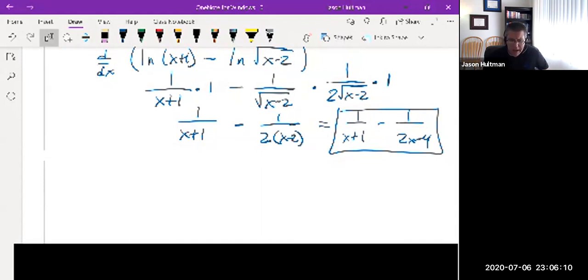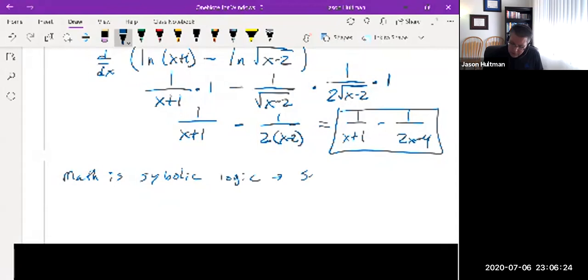Okay, a lot of people don't understand this about math, that math is symbolic logic. Okay, math is symbolic logic. And what does it mean to simplify something? When your teachers asked you all these times, simplify, simplify, simplify your expressions, what does that mean?